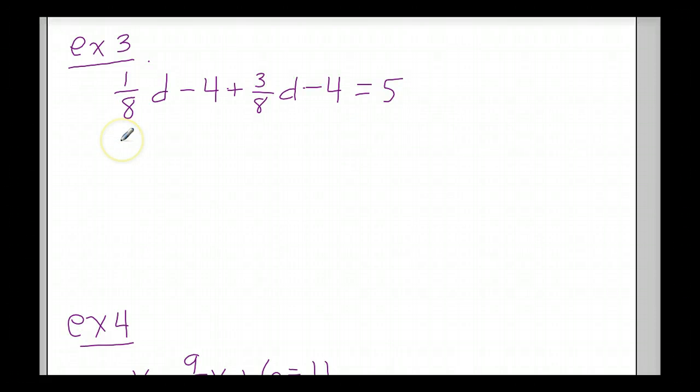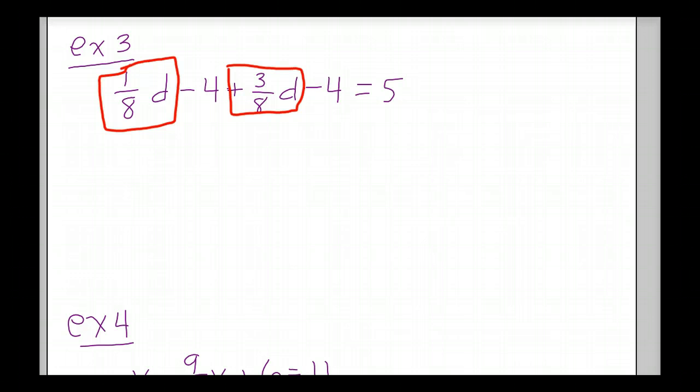Example 3. We have 1/8 d minus 4 plus 3/8 d minus another 4. So now we have 2 kinds of like terms. Let's box them out. We have our 1/8 d. We have our positive 3/8 d. Now we're going to change colors.